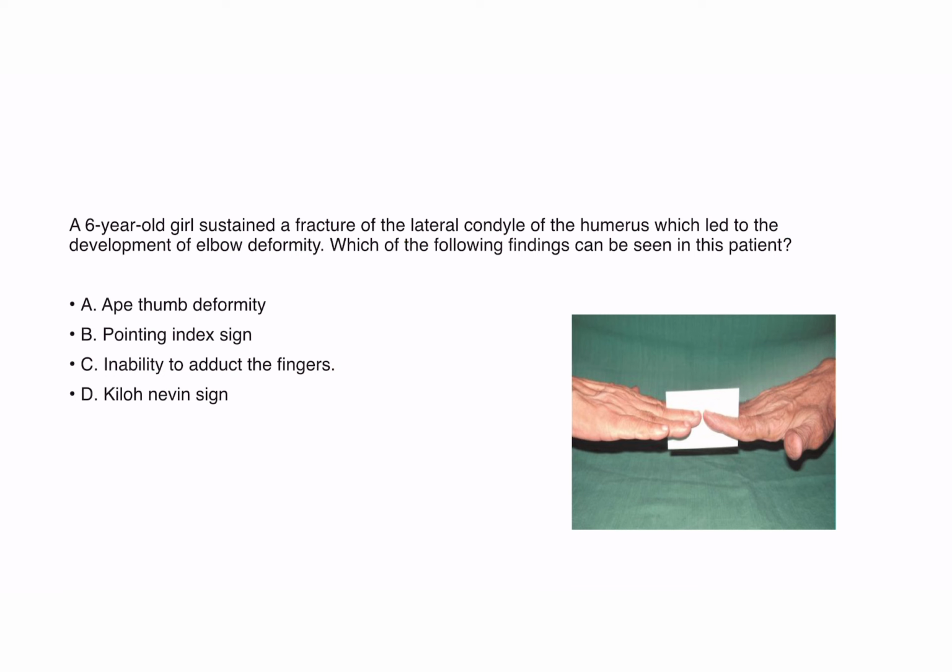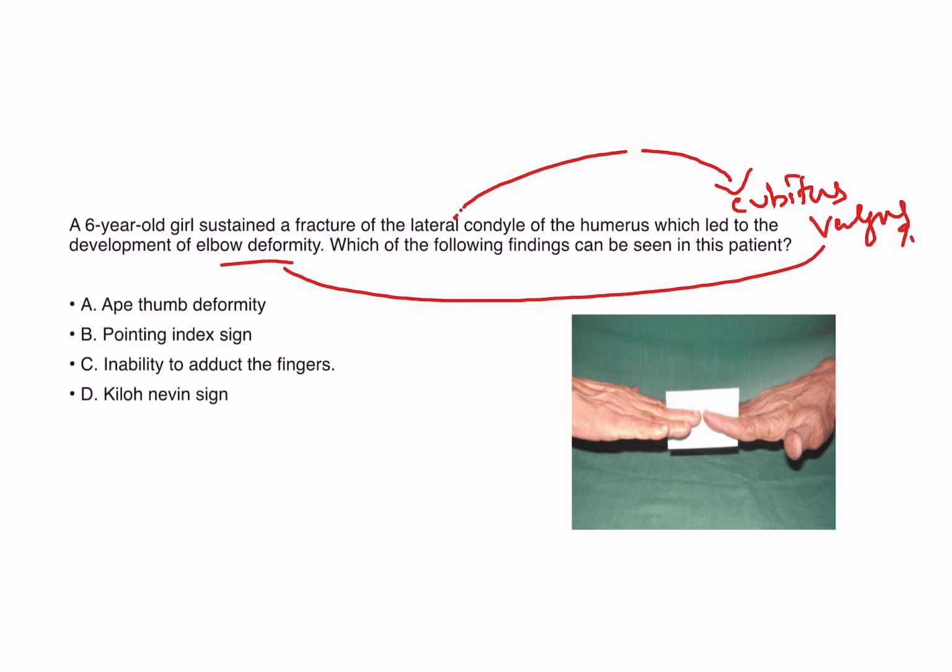And cubitus valgus can lead to what is called tardy ulnar nerve palsy. And tardy ulnar palsy manifests as inability to adduct the finger, because ulnar nerve is the one which supplies the palmar interossei, and palmar interossei are adductors of the fingers. So that's what is tested.